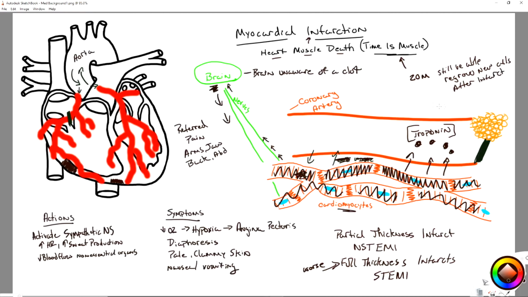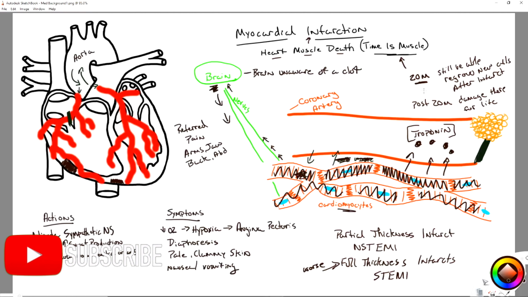Okay, so it's able to repair itself if fixed within a 20-minute window. Post the 20 minutes, okay, the damage is there for life. Okay? It is irreversible. It cannot be fixed.